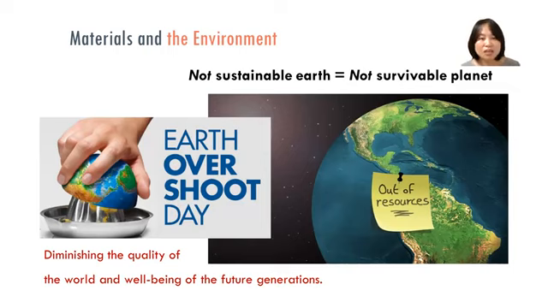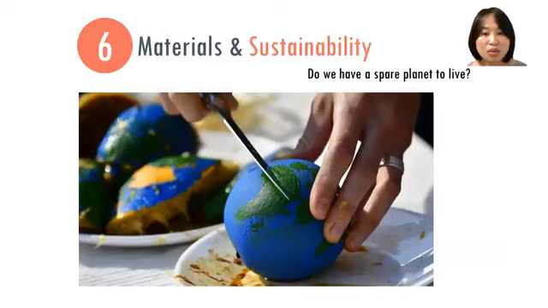And the greater concern is the well-being of future generations. Because if this earth runs out of resources, this earth is no longer sustainable. So this place will be a non-survivable planet. No one can live on it.